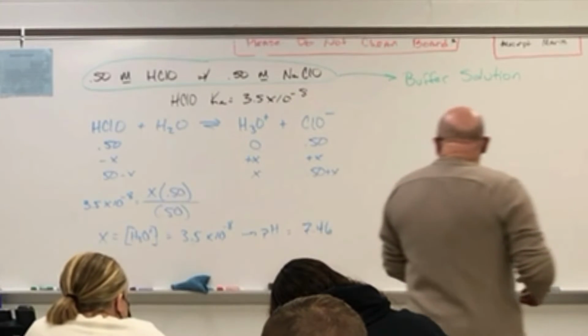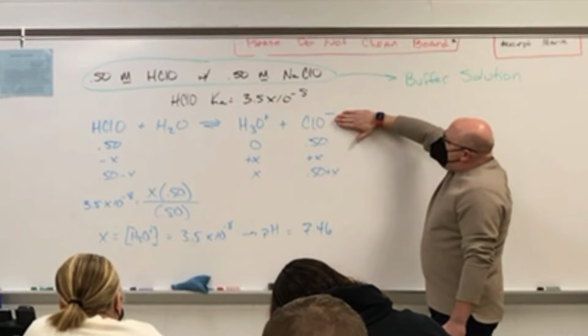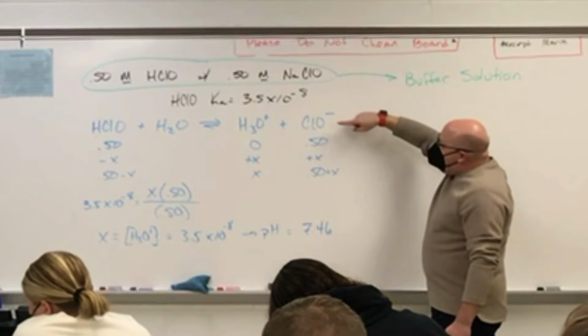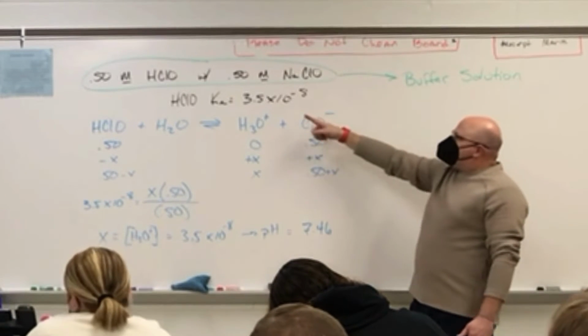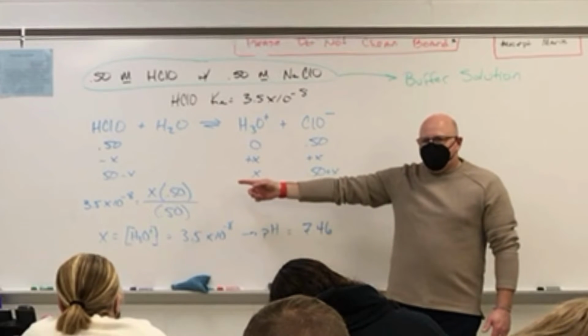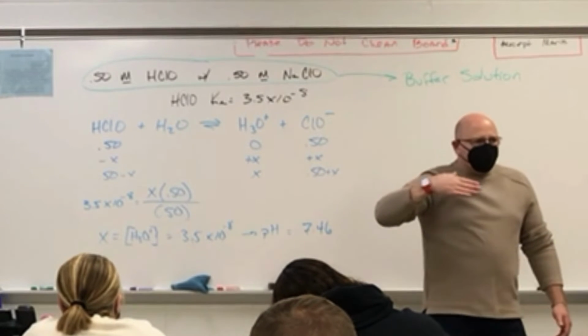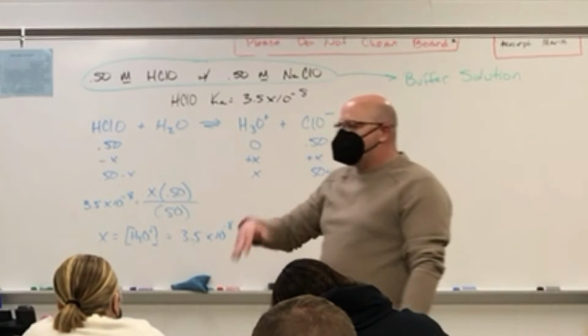The reason why we can do this problem here is because they are conjugates. If I had this as a different weak base, then this K value we're using would not be valid. That's why our focus is going to be on equilibriums of buffers that are conjugates of each other.